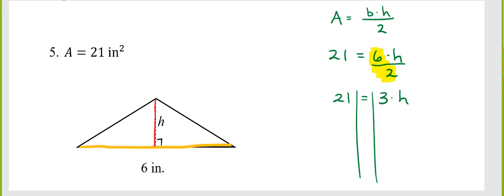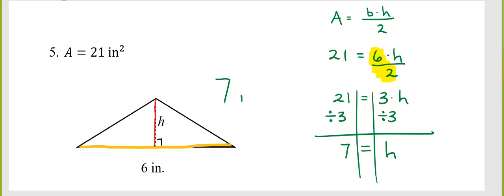If I want to get the h by itself on the right-hand side, I need to divide both sides by 3. 21 divided by 3 is 7. The 3's are going to cancel on the right-hand side, and I'm left with just h. So my missing dimension, my height, is equal to 7 inches. That's my answer.